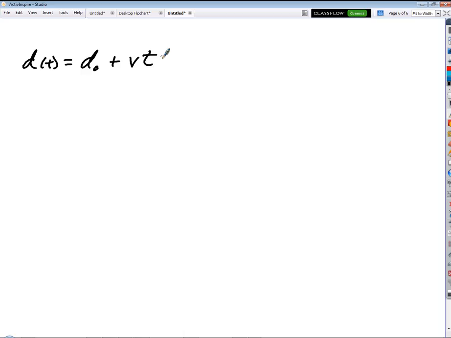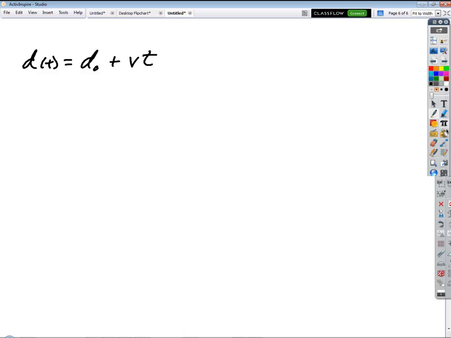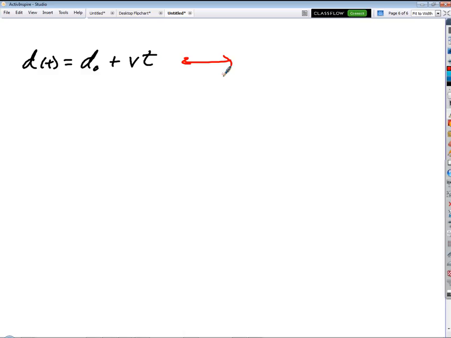Okay, back. So what do you think we could say about velocity and acceleration? Remember we said velocity is to position as acceleration is to velocity.